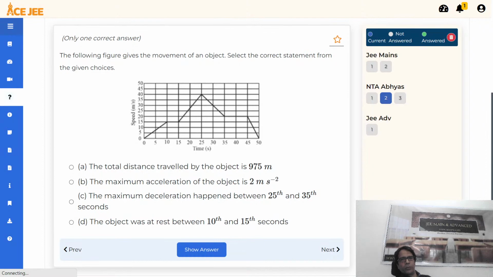Well, if I were to start from D, it doesn't look like the particle is at rest. Rather, the velocity is 15 meters per second. So the particle is, of course, moving between the 10th and the 15th seconds.